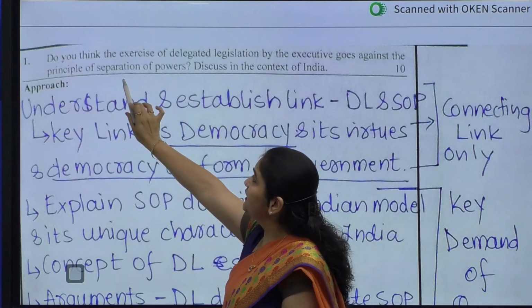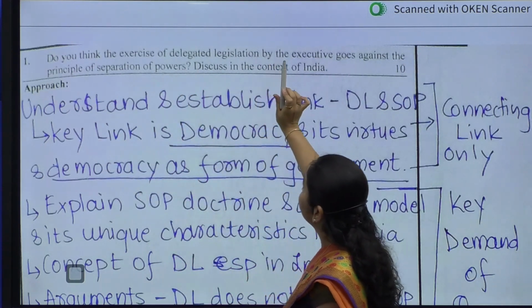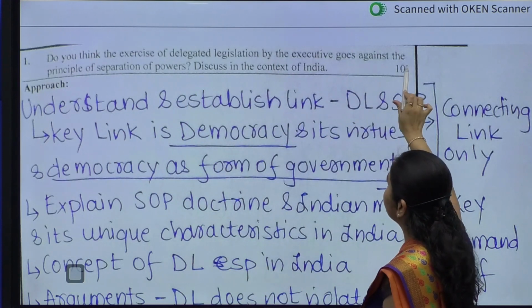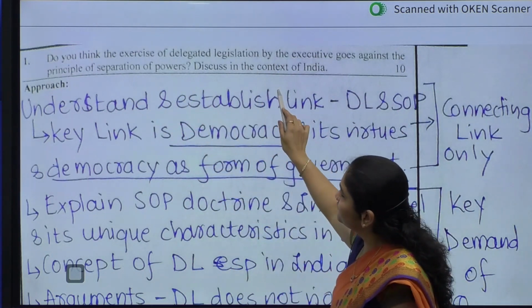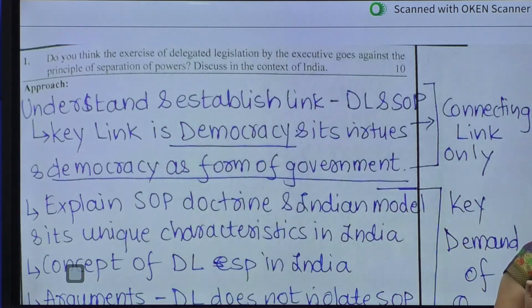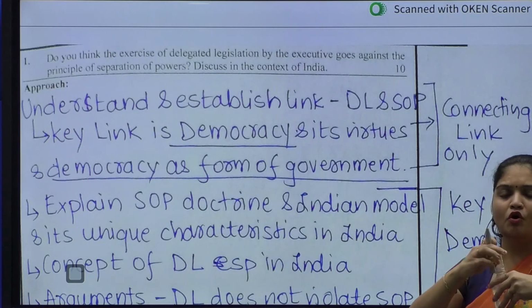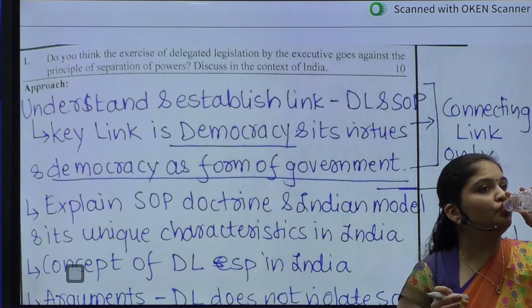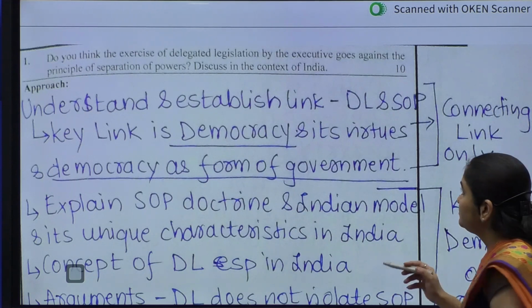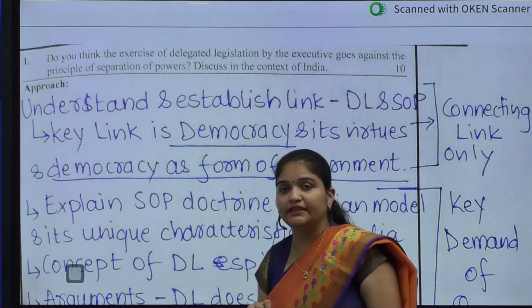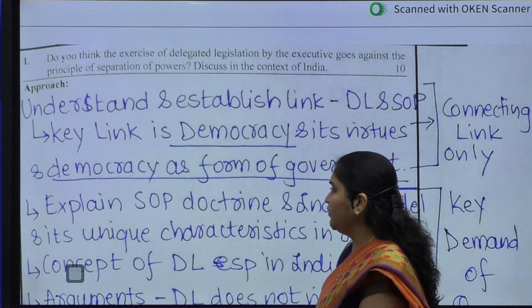Do you think the exercise of delegated legislation by the executive goes against the principle of separation of powers? Delegated legislation is a violation of separation of powers. Discuss in the context of India. Now let's see this question.